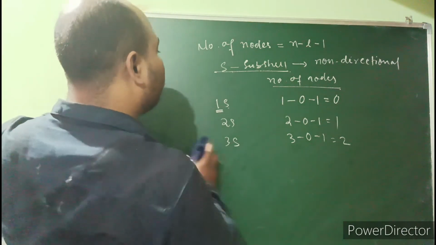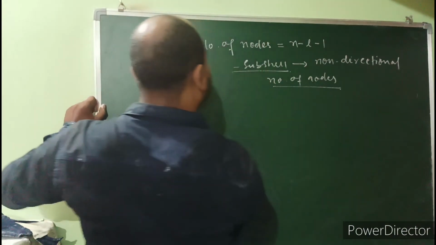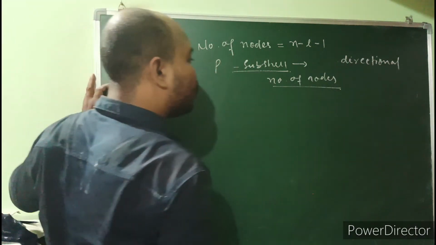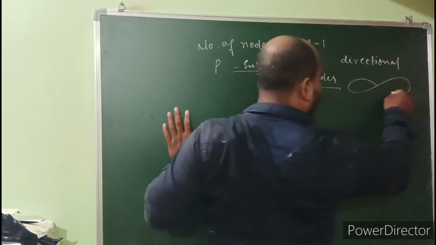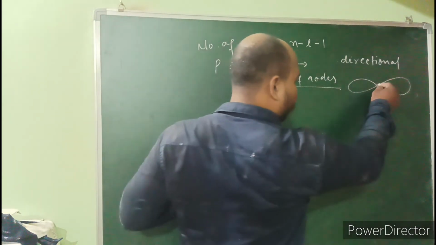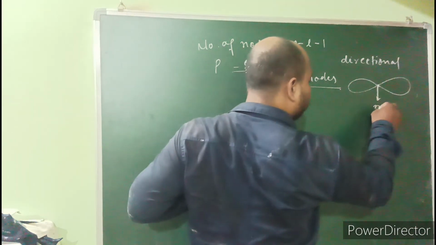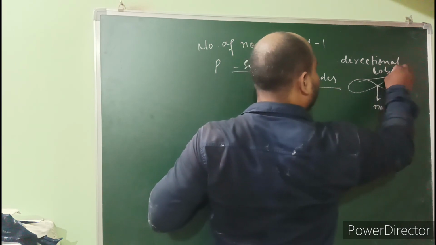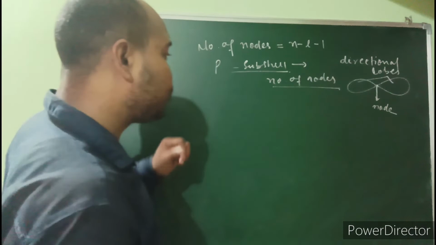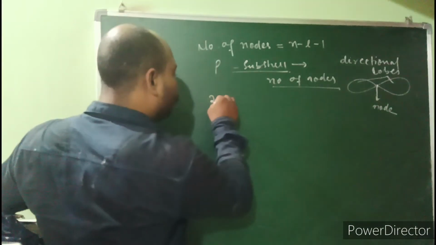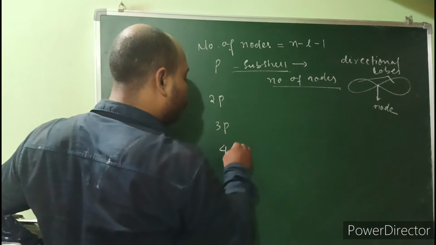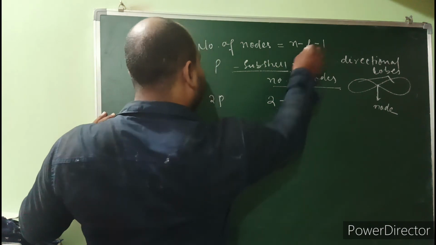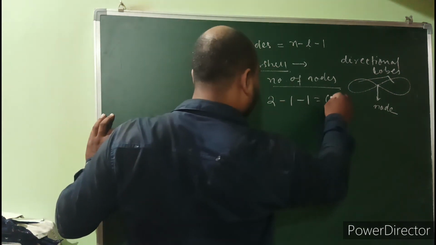Now we will find out for the P subshell. We know that P is dumbbell shaped, and we can clearly see this is the nodal part and these two parts are called lobes. So for 2p, 3p and 4p, the l value is 1, so for 2p: 2 minus 1 minus 1 equals 0.